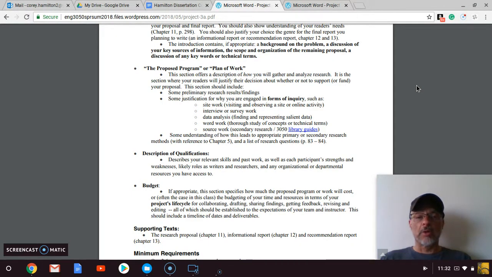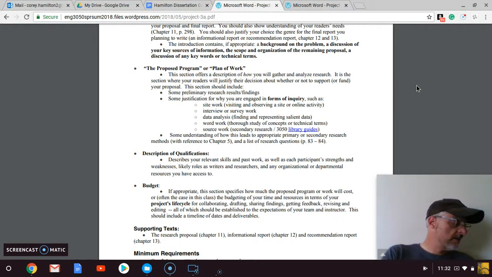And then talking about the qualifications, tell me a little bit about who's in your group and what they might bring to the table. The budget is probably the wrong word. I'm looking more for the life cycle of the project, which you will see in the book. The schedule is on page 314.